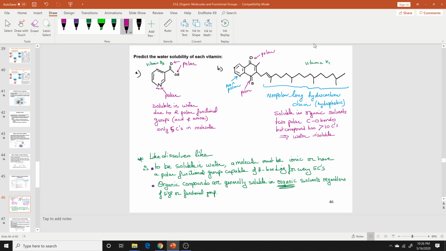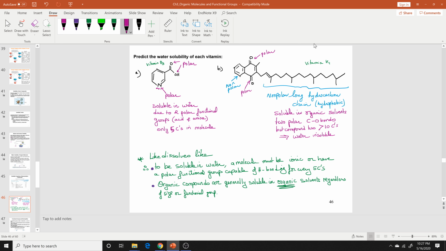Remember that like dissolves like. To be soluble in water, a molecule has to be ionic or should have a polar functional group. That polar functional group has to be capable of hydrogen bonding for every 5 carbons.